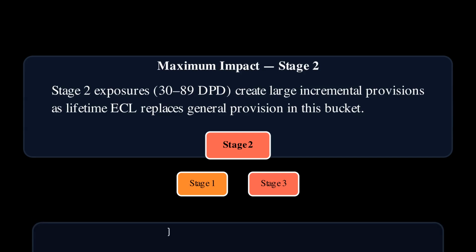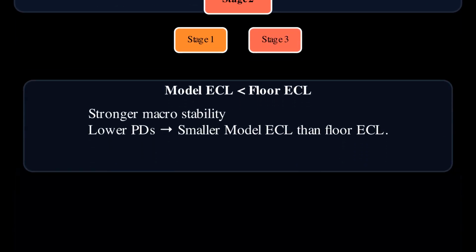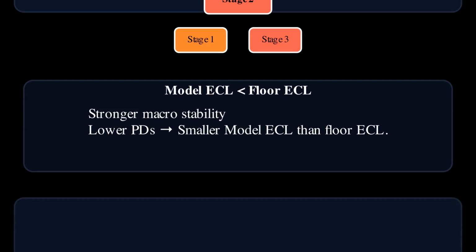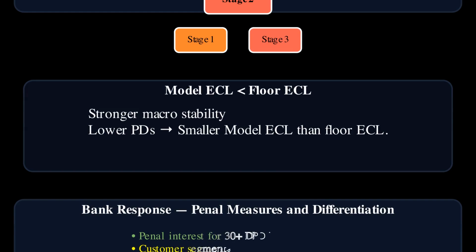In view of this, delinquency beyond 30 days will create additional cost for banks, and banks may introduce penal measures and tighter collection controls to recover the incremental provisioning impact. To sum up, a bank having larger Stage 2 assets will face higher provisioning requirement compared to one which has lesser Stage 2 assets.